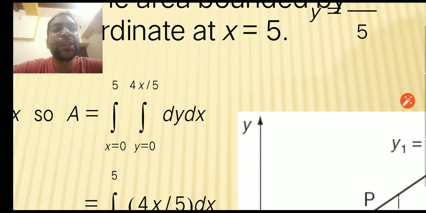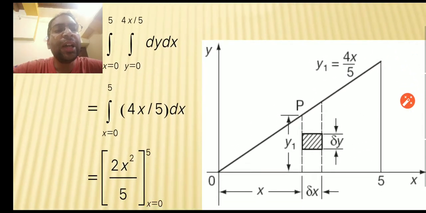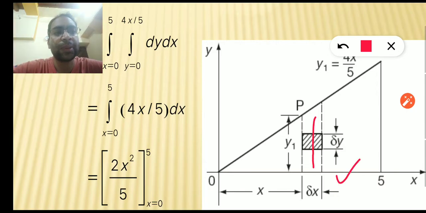Let's say we are considering a vertical strip, so we will see where that vertical strip lies, on the bottom and on the top. This vertical strip lies at the bottom on the x-axis, and on the top it lies on the line defined by y is equal to 4x upon 5.